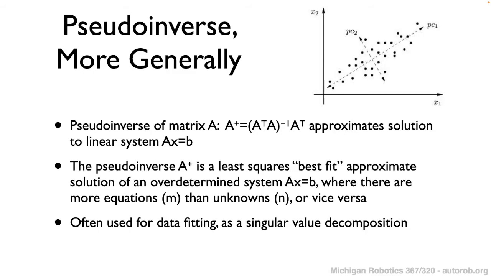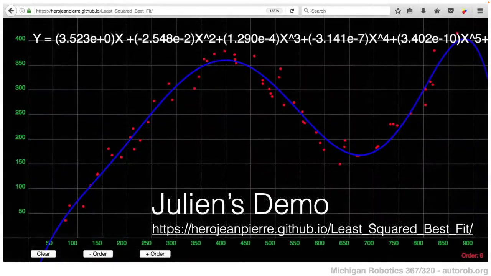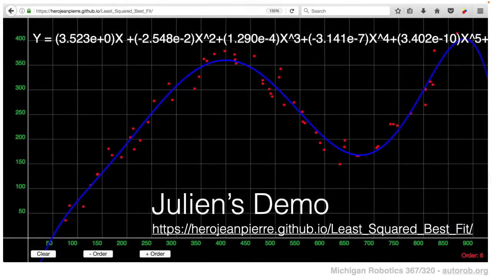In particular, the pseudo-inverse of a matrix is this best fit solution to what's called an overdetermined system of equations, where we have more equations than there are unknowns. As a result, the pseudo-inverse can then be used as an approach to fitting a polynomial equation or a system of equations to some observed data. One example of this, which is nice to play around with, comes from one of Professor Jenkins's former students.